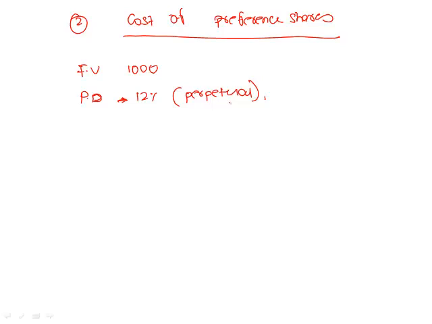Of course, non-redeemable we don't have in India. As per the company's law, we are not allowed to issue non-redeemable preference shares. So this is a preference dividend of 12%. Market value of the preference share is 900. Calculate the cost of preference share.